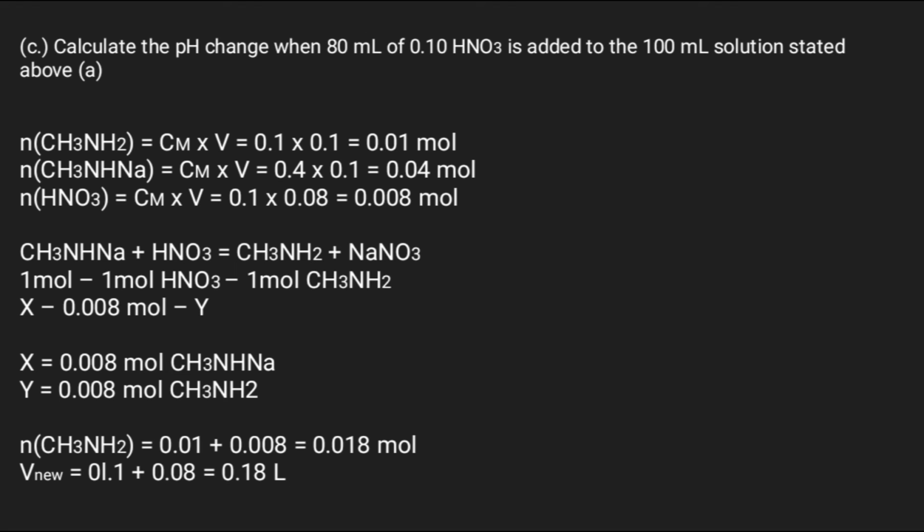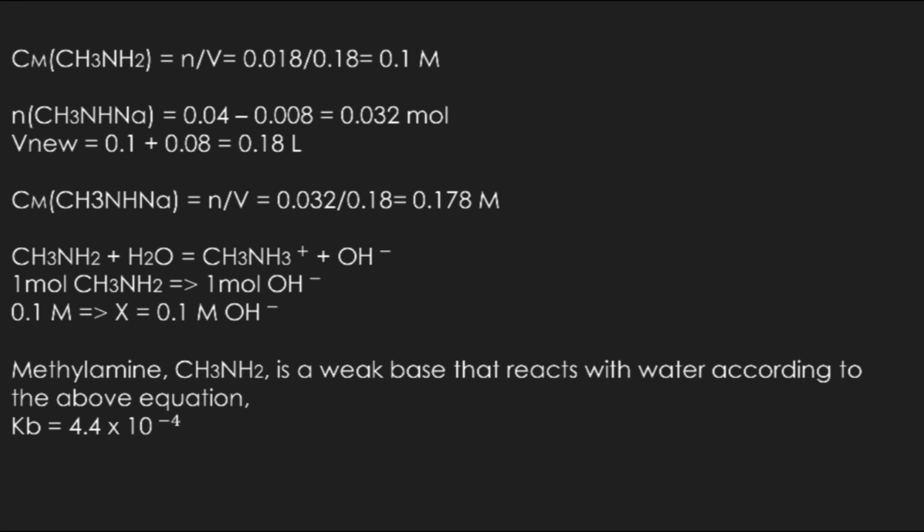And CH3NH2 is equal to 0.01 plus 0.008, which is equal to 0.018 mole. And the new volume is 0.1 plus 0.08, which is equal to 0.18 L. Cm of CH3NH2 is equal to N divided by the volume, that is 0.018 divided by 0.18, which is equal to 0.1.